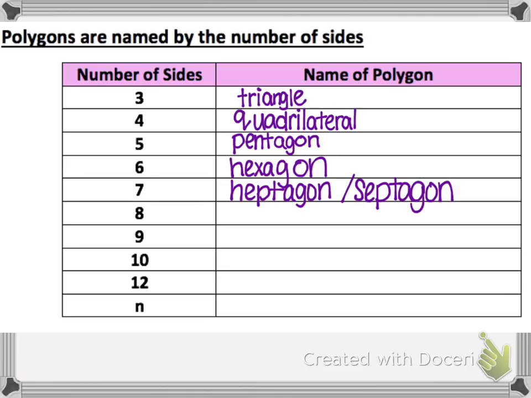Sorry. Anyways, 8 sides. That's an octagon, as I'm sure you probably just said to yourself. Nine sides is actually my absolute favorite to say. That's a nonagon.